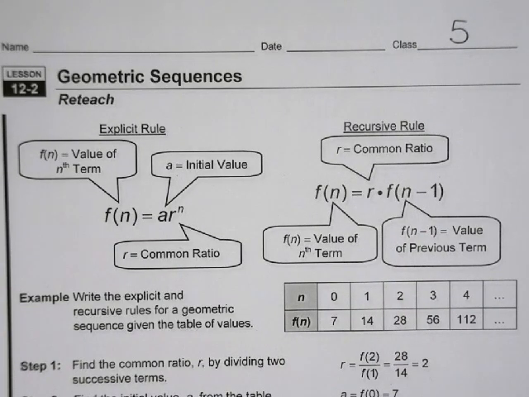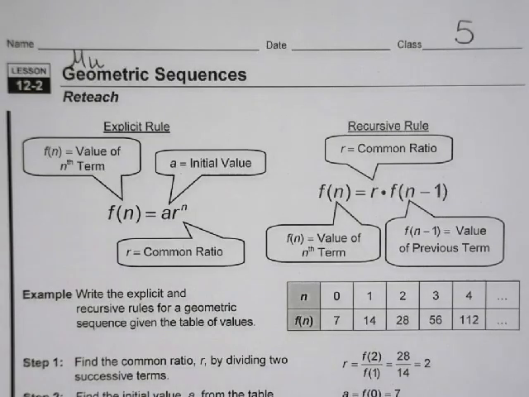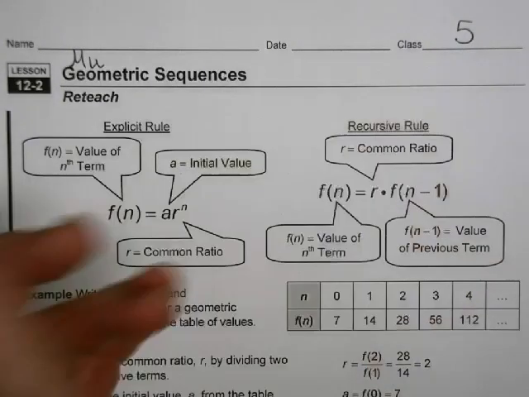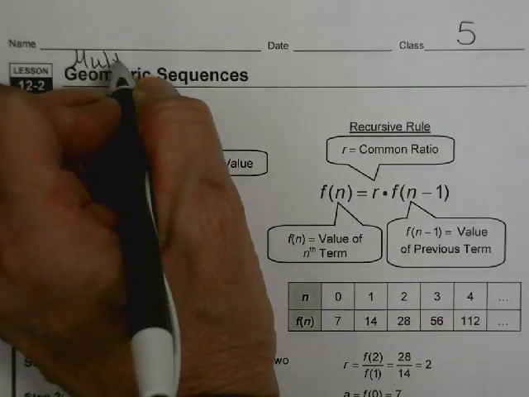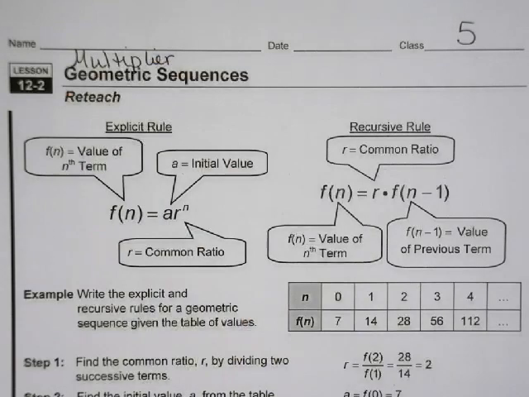Okay, did everybody get this paper? We're talking about the rules for geometric series, that means a multiplier. You know how the other one was a common difference? This one's called the common ratio. So R is for the common ratio. I call it multiplier.